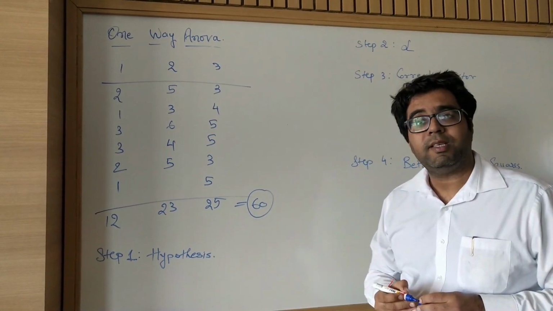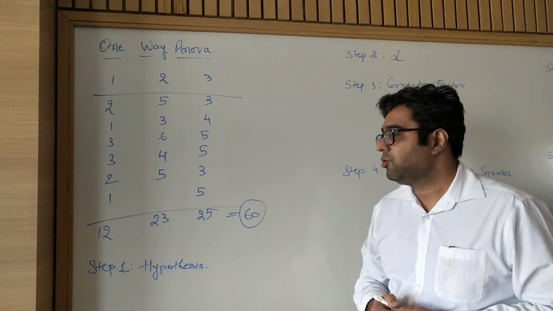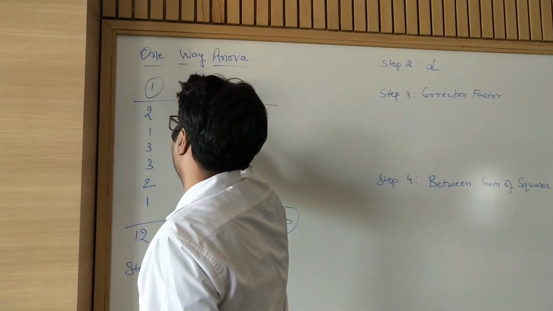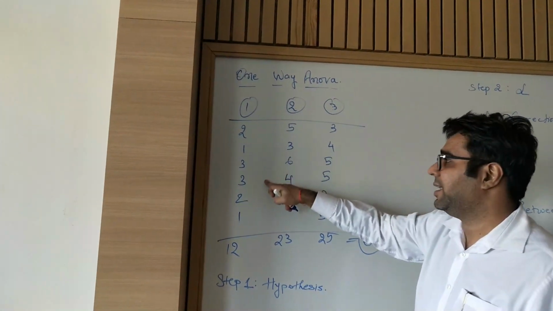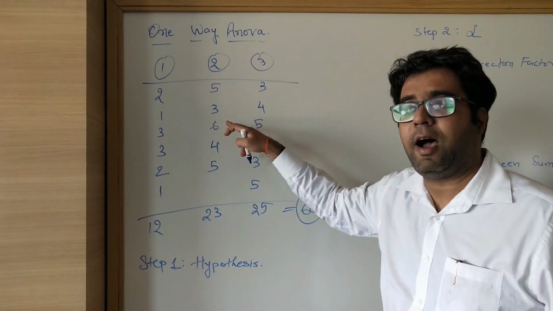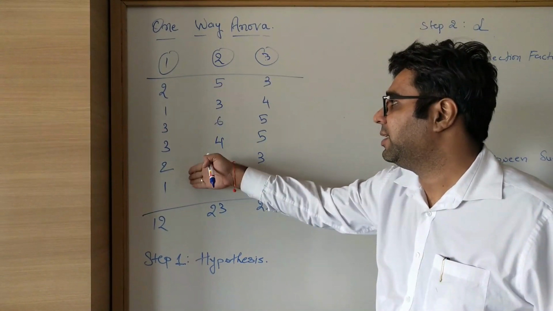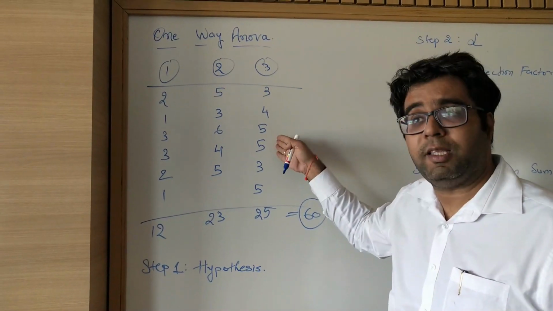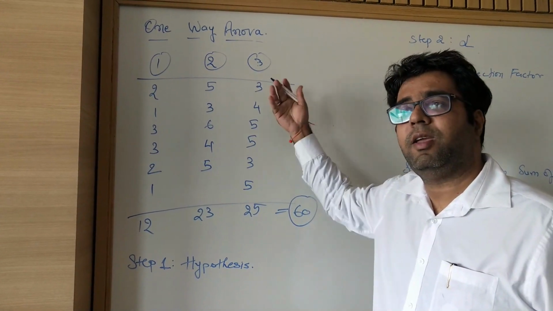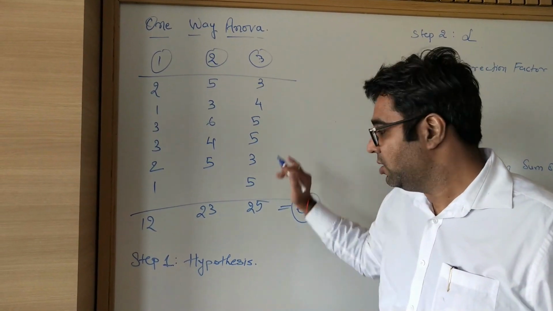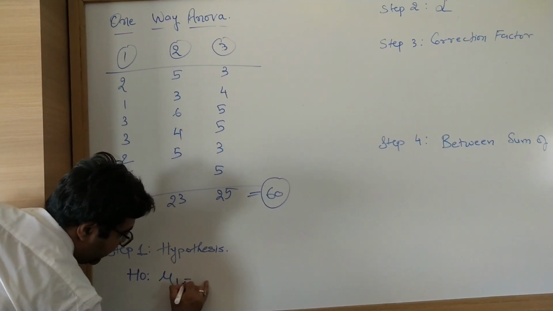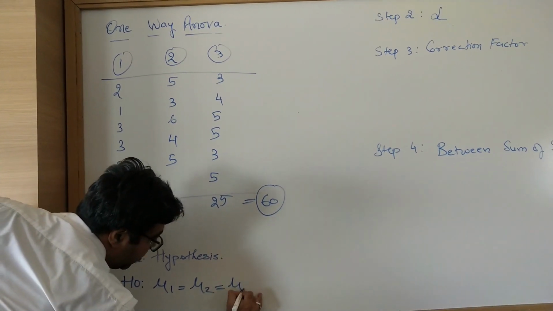So the first step, always remember, is the hypothesis. In this case, there are three categories, that is 1, 2 and 3. These are the samples that we have selected from three groups. In statistics these are known as strata. So from group 1 these are the elements, from group 2 these are the elements, and from group 3 these are the elements. And from this inferential statistics, we are going to judge the population mean. So our null hypothesis would be mu1 equals mu2 equals mu3.